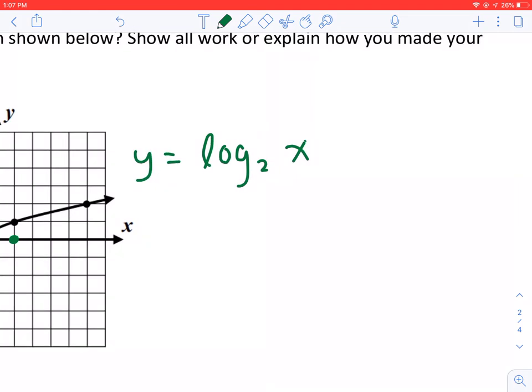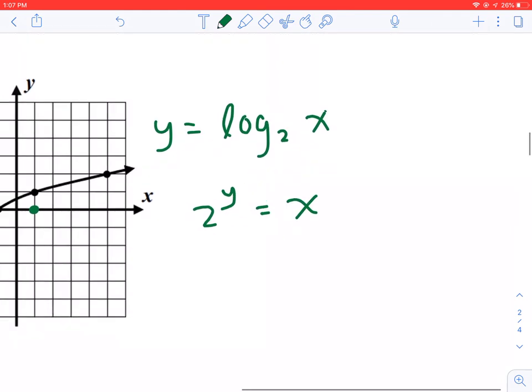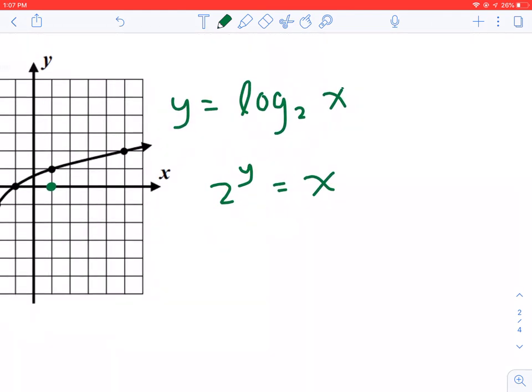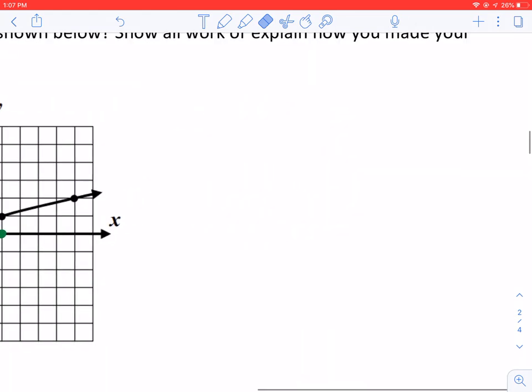In exponential form, that's 2 to the y is equal to x, right? So when my y value is 0, no matter what my base is, the x value is going to equal 1. So I will have the point 1 comma 0, right? When y was 0, x was 1. So that's 1 comma 0.